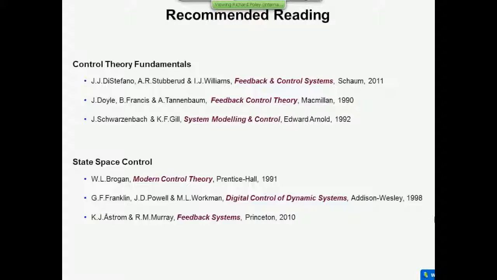It's a very, very good book. And the third book here is one by Astrom and Murray called Feedback Systems, and it's a much more recent publication, which, and I don't know why, but you seem to be able to download the PDF online completely legally. So take a look and download it if it is free. I think you can. The reason that I recommend this one is that it does a much better job than I've done of connecting the state-space concept to physical examples.